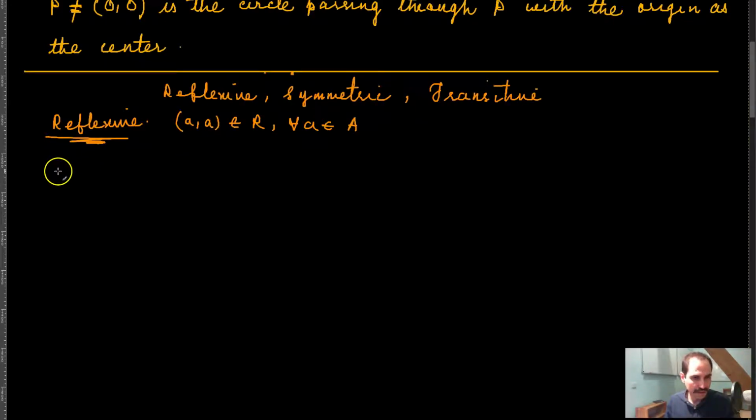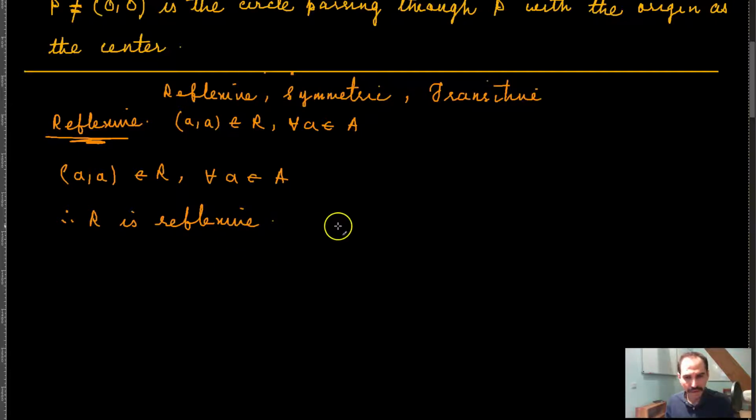Therefore the point A comma A belongs to R for all A belonging to A, and so you can say that R is reflexive.